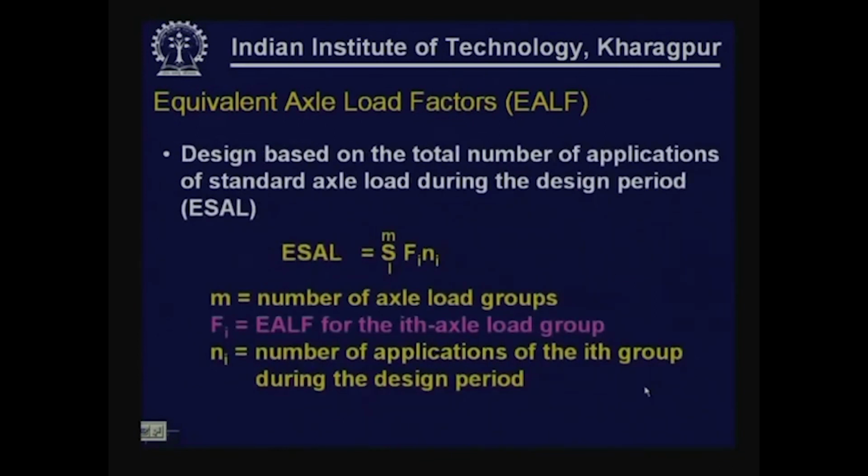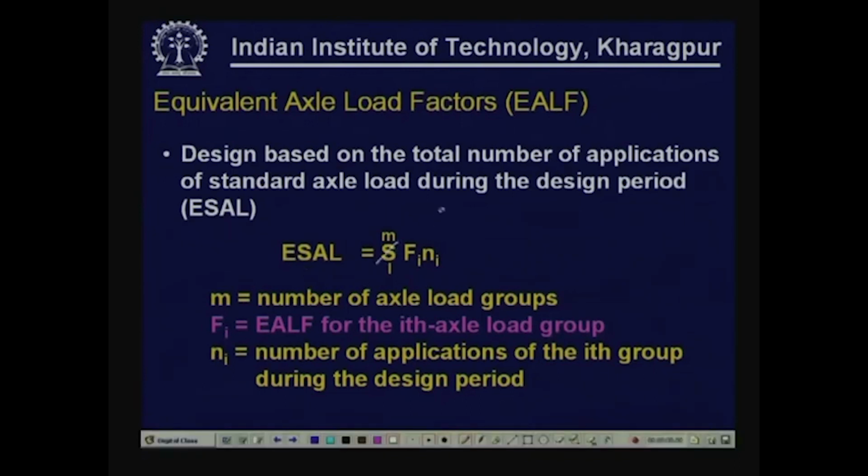If we have the equivalent axle load factors for different load groups, the design would be based on the total number of applications of standard axle load during the design period, given as total number of equivalent standard axle loads, which is the sum of the equivalent axle load factor corresponding to the ith load group and the number of repetitions of the ith load group.